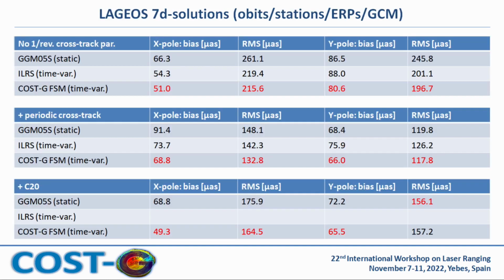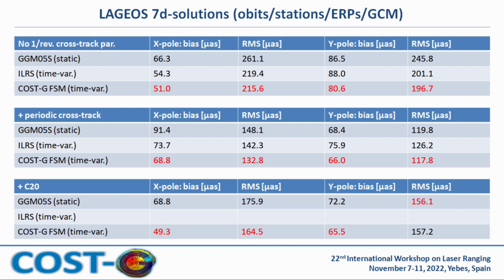Well, yes, we can. My co-author Linda made experiments with 3 different sets of parameterization because we have a dedicated parameter in our SLR orbit determination. It's the periodic cross-track variation, an empirical parameter, to absorb any mismodeling in C20.